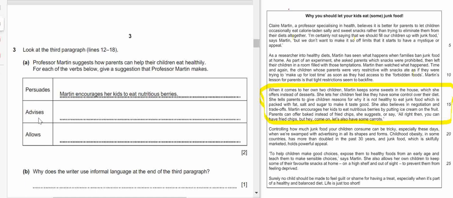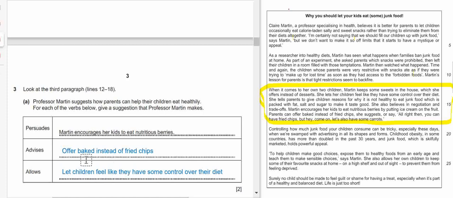So advises. But if you still need more time, you may pause this video for a while and find your answer from here. Which one refers to advises and which one refers to allows? All right, let's reveal the answer.